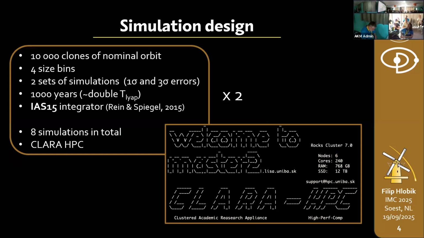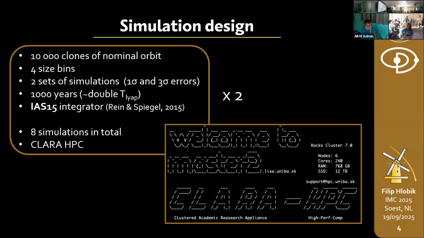About our simulation design, we performed a few different simulations, all of them containing 10,000 clones of the nominal orbits. We used 4 different size bins, about which I will be talking in the next slide.